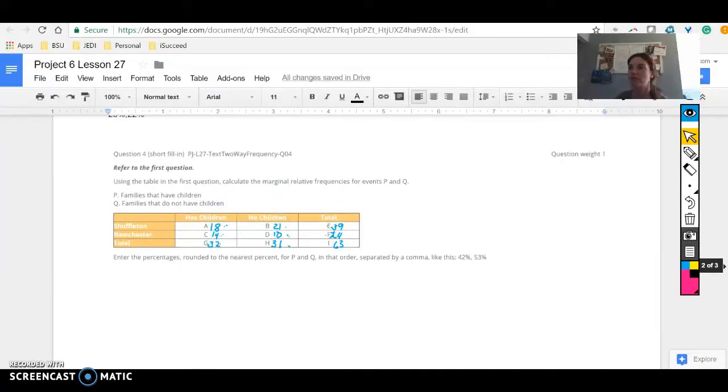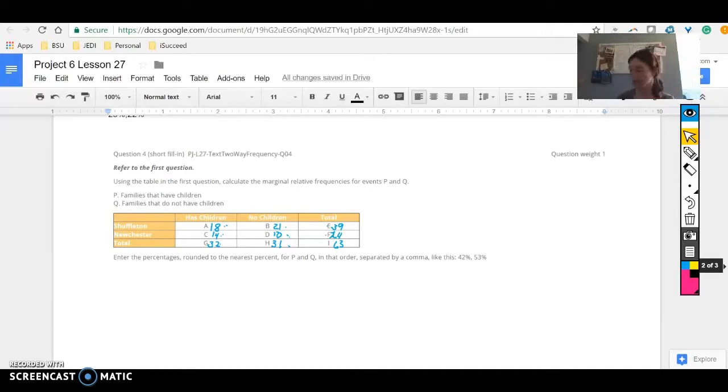For question 4, we want to calculate the marginal relative frequencies for families that have children and families that do not have children. Okay, so this is going to be simply the total number, because we're not specifying the towns here.